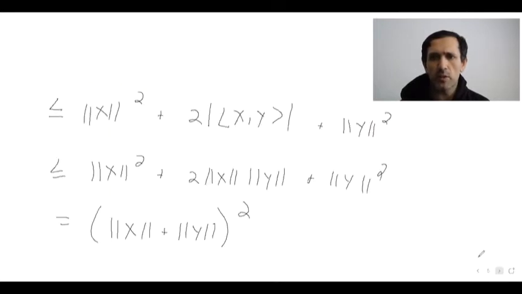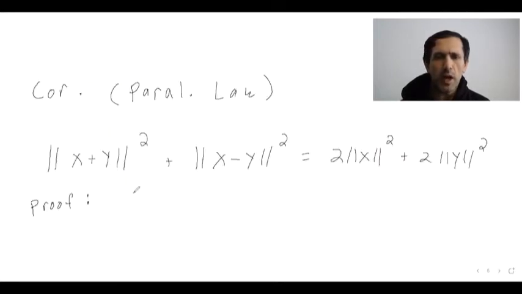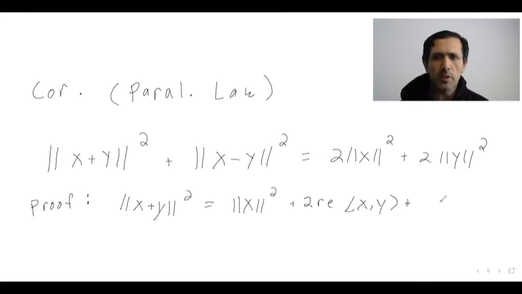From what I circled in blue moments ago, this is going to be this here, plus 2 times the real part of the inner product of x and y, plus the norm of y squared.